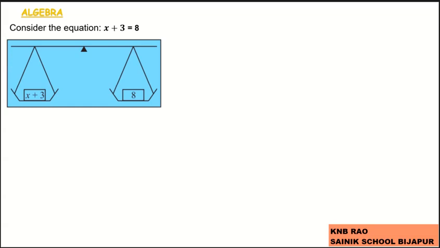In this direct method, on the left hand side we have x plus 3, considering it in a left pan, and the 8 on the right hand side, visualizing it as being on a right pan.